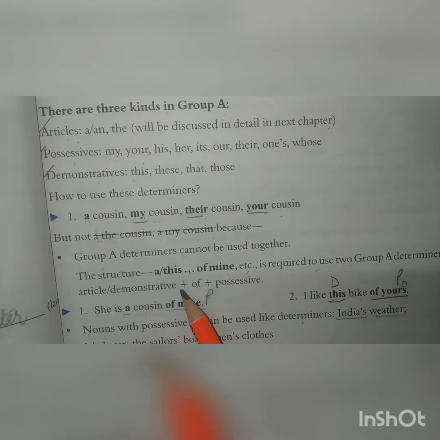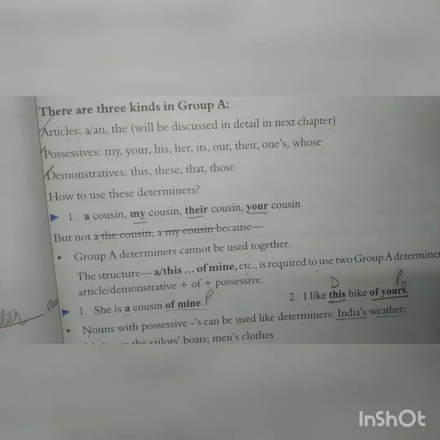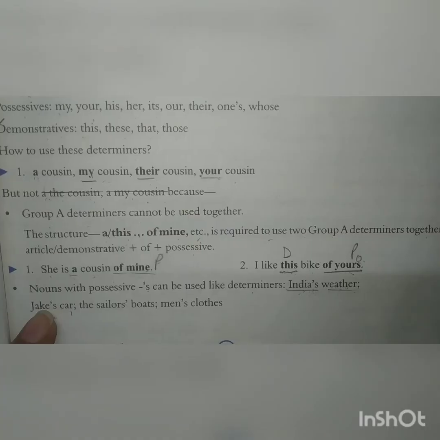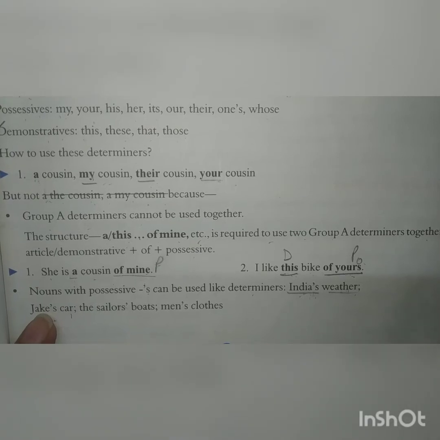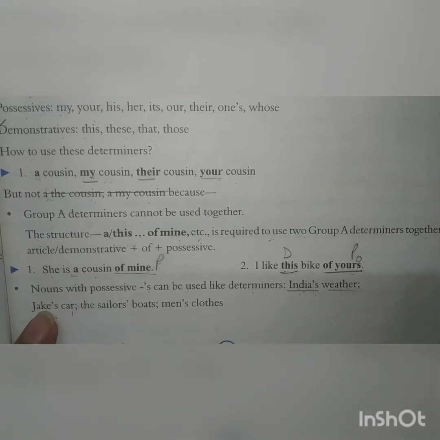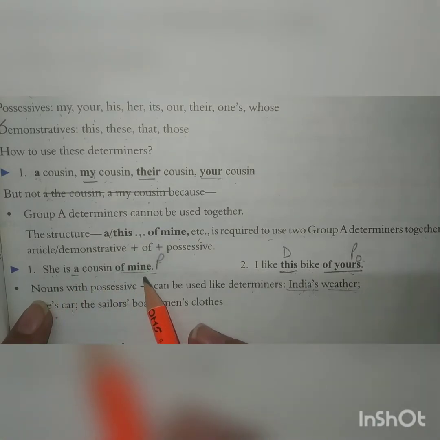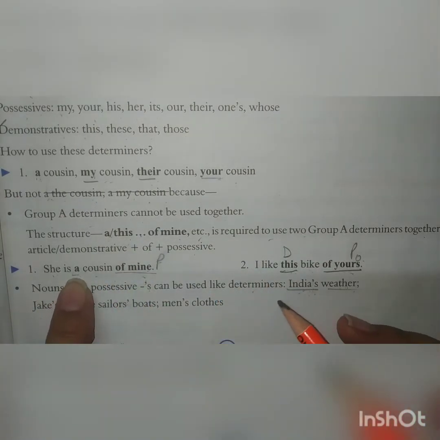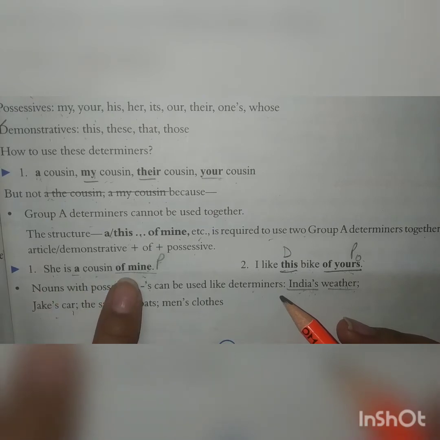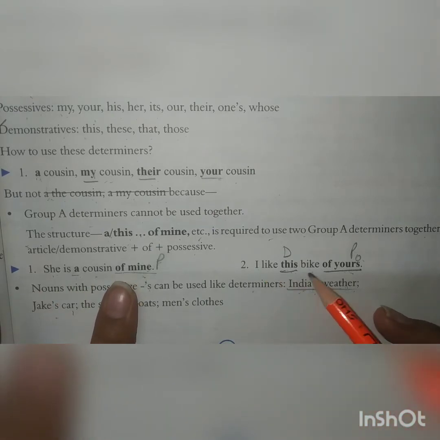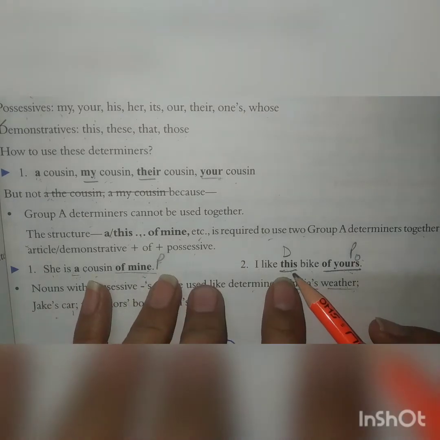Article or demonstrative plus of plus possessive. So here, she is a cousin of mine. Here a is the determiner, we have used an article, and of mine is possessive. I like this bike of yours: here we have used the demonstrative and here the possessive.